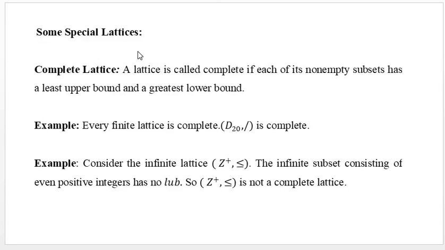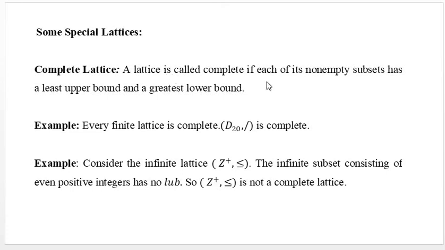Some special lattices. Complete lattice. For a lattice we need to consider pairs of elements. For every two-element subset of a given poset, if there exists a least upper bound and greatest lower bound, then we say that it is a lattice.